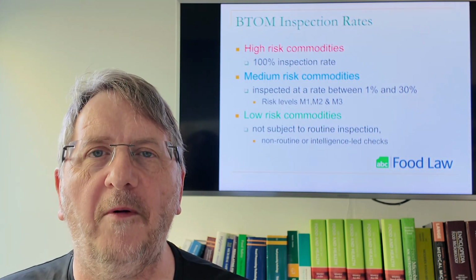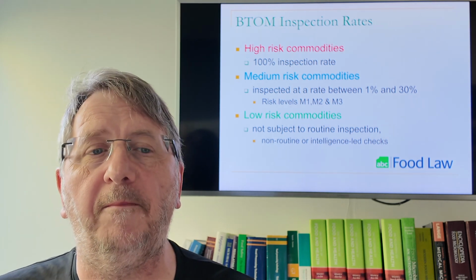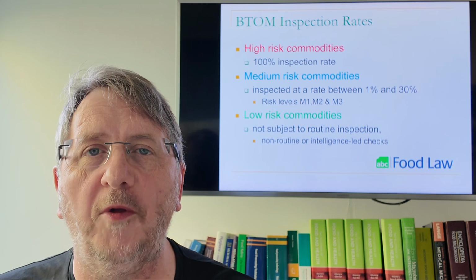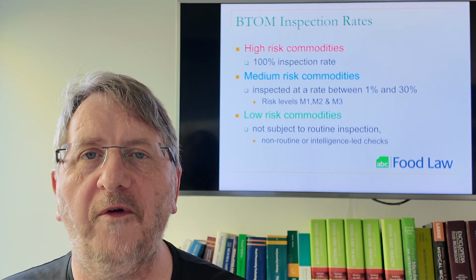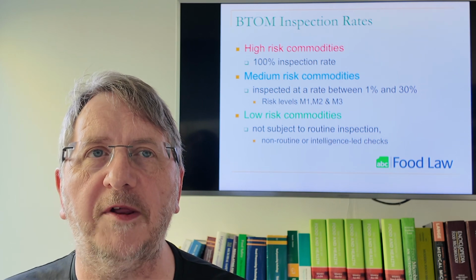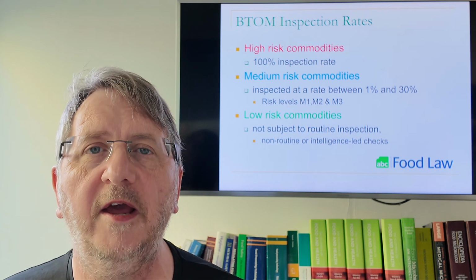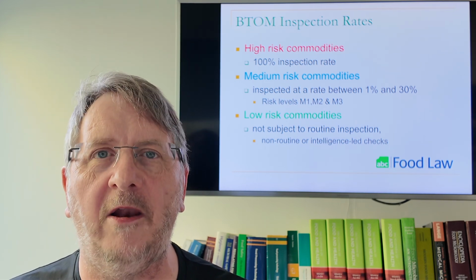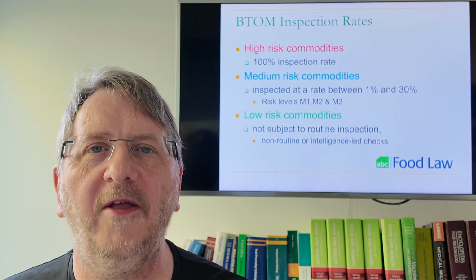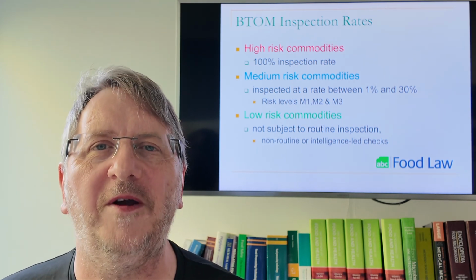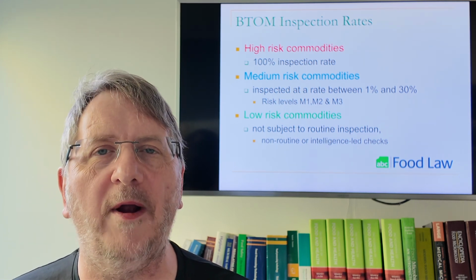The introduction of the Border Target Operating Model, the BTOM, has brought in the concept of risk assessment for imports. So if the product you're seeking to import into Great Britain is deemed to be high risk, it will go through 100% of checks. Typically that applies to things like live animals. If it's medium risk, then depending on the consequential risk of non-compliance, it will be subject to something like a 1% check or up to a 30% check.